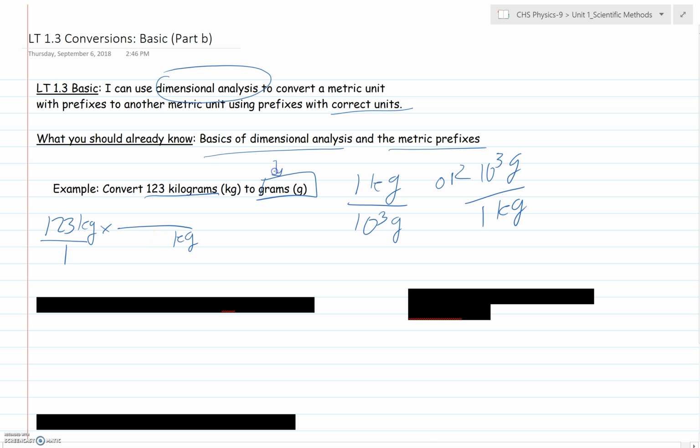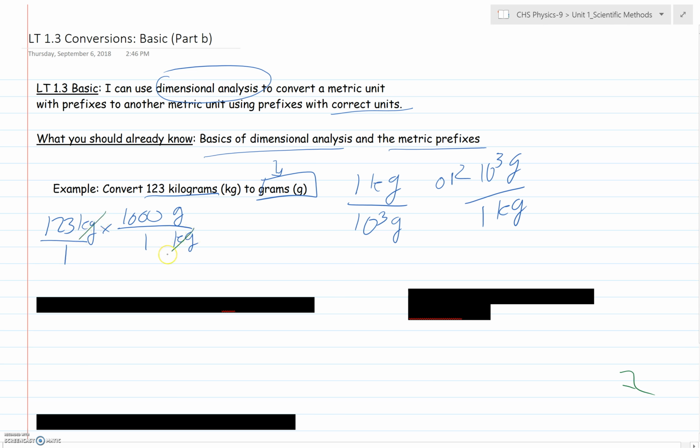I'm looking for grams in the end, so I'm going to put grams on the top. Now looking over here at my conversion factors, I know that the number 1 goes with kilograms, and 10 to the 3 goes with grams, and that's really just 1,000. You can write 10 to the 3 over here, or 1,000. I prefer 1,000.